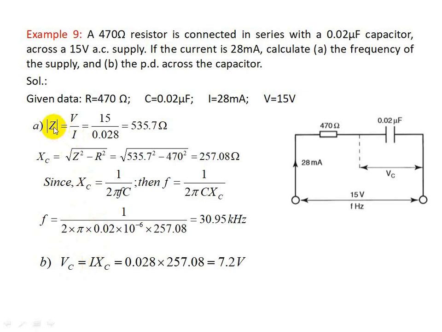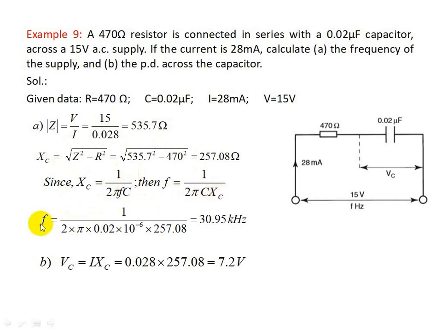To find Z, we divide V by I. V and I are given, so you'll get 535.7 ohms. Then find XC, it is nothing but the square root of Z square minus R square. This comes to be around 257.08 ohms. Then you know the formula for XC is 1 by 2 pi f C. So here the only unknown is frequency.